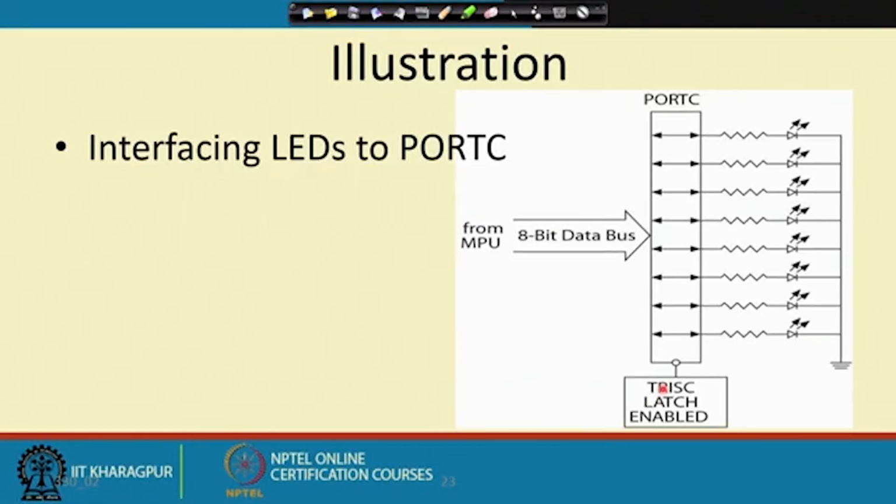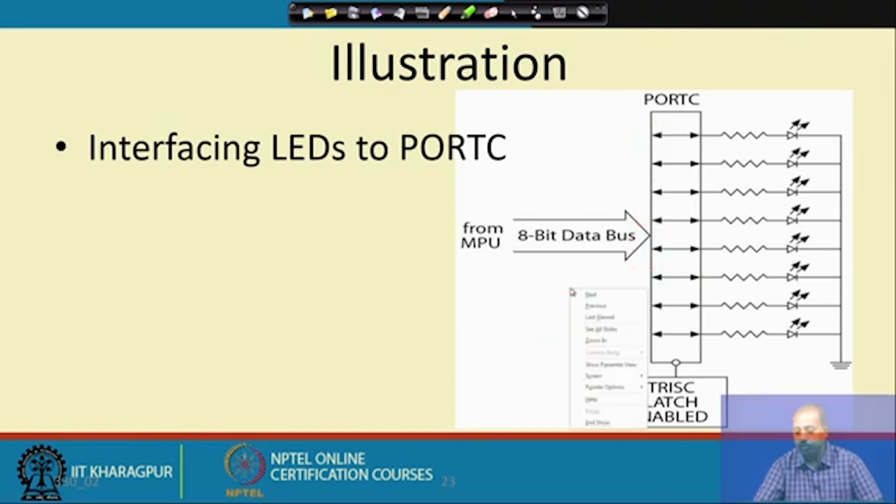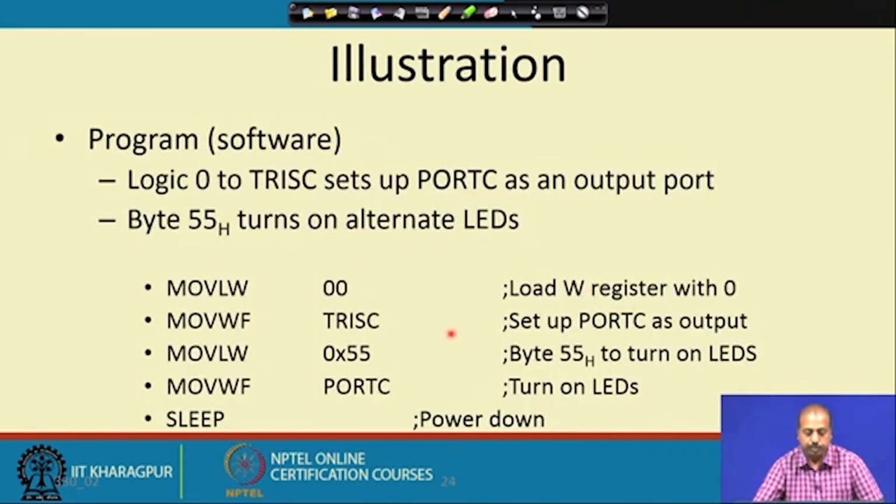For programming it in output mode, you should have this TRISC latch set. If you send a 0 to TRISC, it will set port C to output mode. If you send all 1s, it will configure it as input mode.